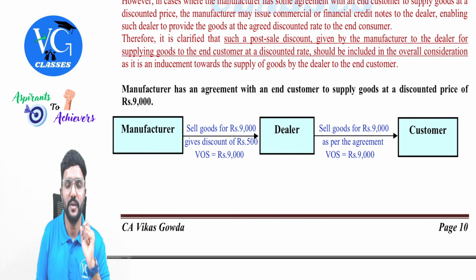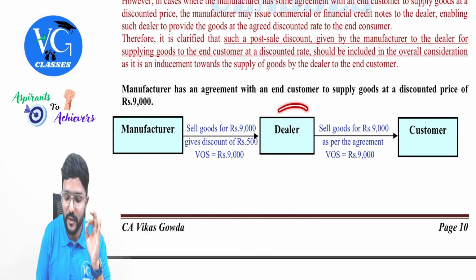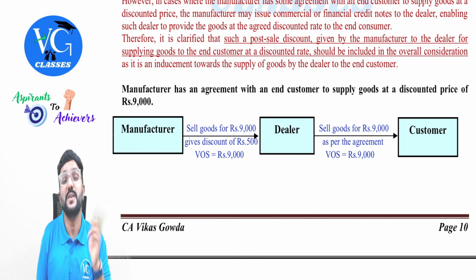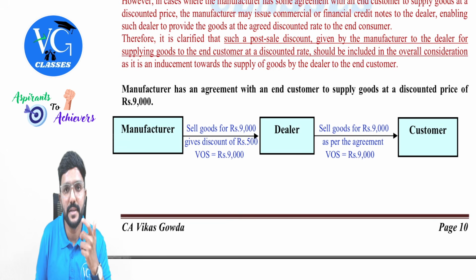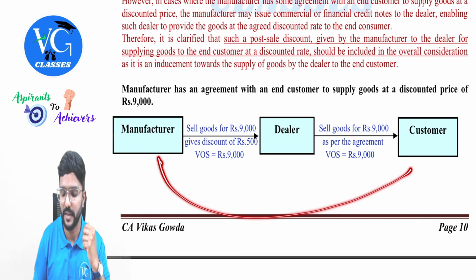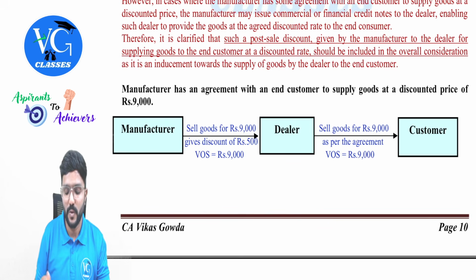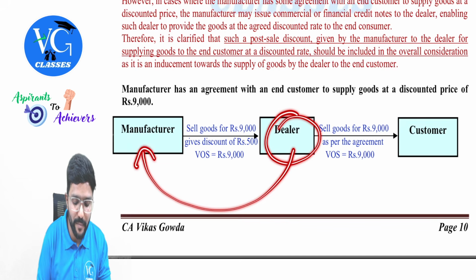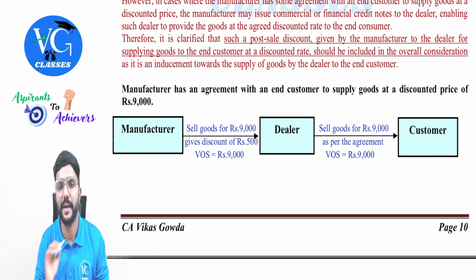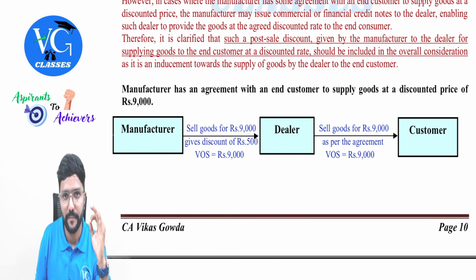So, as the dealer has purchased the goods for 9,000, now the manufacturer is giving a post supply discount. Why, sir? Because he has promised the customer that he will provide the goods for 9,000. So, what is the net amount the dealer has to pay to the manufacturer? 8,500. Correct, no, people?